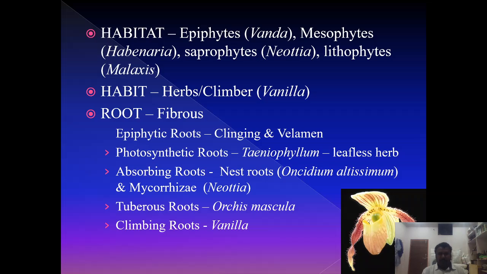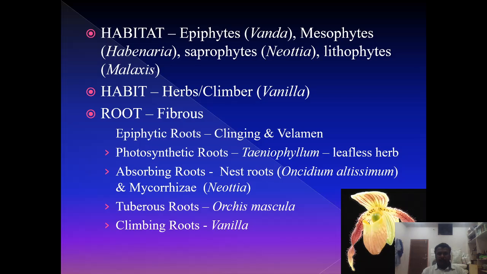The root system is a fibrous root system. In epiphytic plants, two types of roots are present, called clinging roots and velamen roots. Clinging roots help to fix the plant to the host, and velamen roots absorb moisture from the environment.